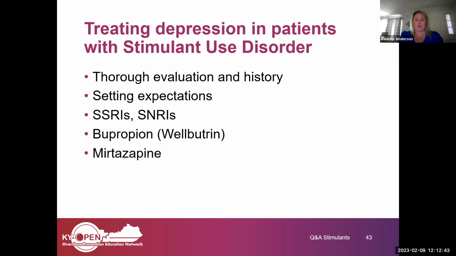And then when we have normal processes that use dopamine in the body, like mood regulation, food, things that are pleasurable, things that make us happy, it's like pouring from an empty glass. We've used all this dopamine when we were abusing our stimulants.